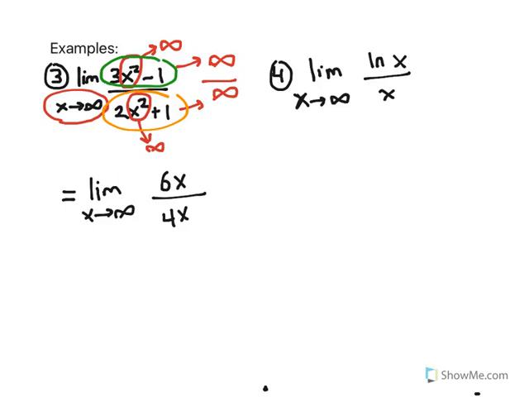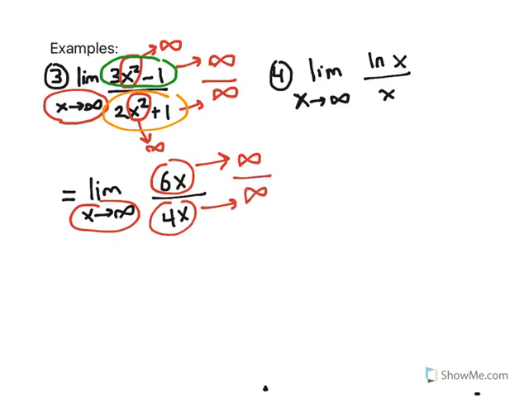So now let's try direct substitution again. As x approaches infinity, 6 times x will also approach infinity, and 4 times x will also approach infinity. So we get the indeterminate form infinity over infinity again. So that's okay, we just use L'Hopital's rule one more time.